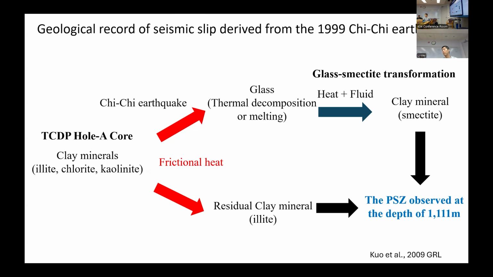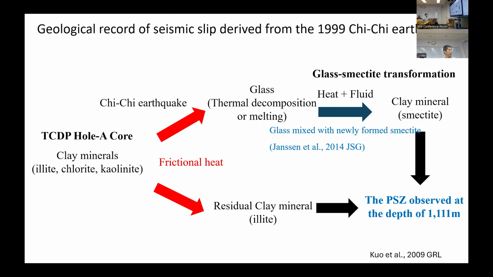This kind of assumption has two weaknesses. The first thing is, at that moment, 2009, no lab experiment could produce gouge melting. Rotary shear can shear gouge, but it could not produce gouge melting at the moment. And the second weakness is, although I mentioned glass can transform to smectite, probably you should find some middle phase between growth and the intergrowth with smectite.